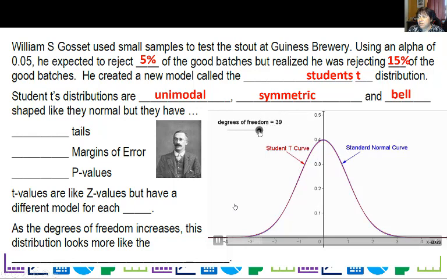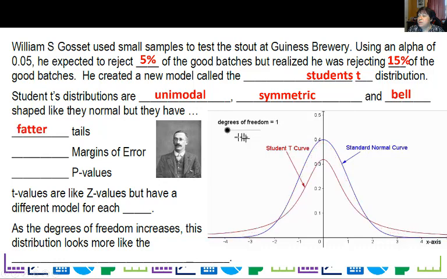As I adjust the degrees of freedom here, you can see that this is starting to come down a little, and these tails are starting to get fatter. So they have fatter tails, which means we're going to have a larger margin of error compared to a normal distribution, and something I'm going to teach you about later called larger p-values.